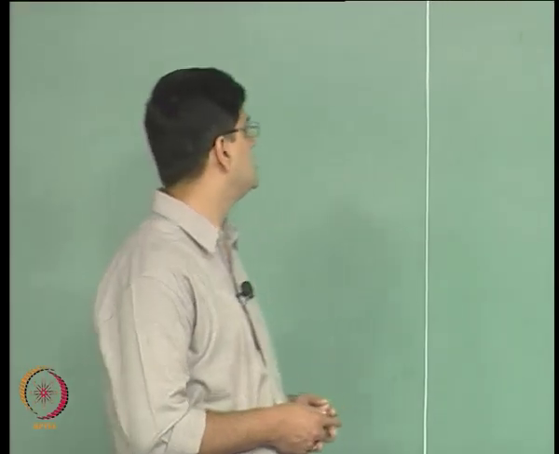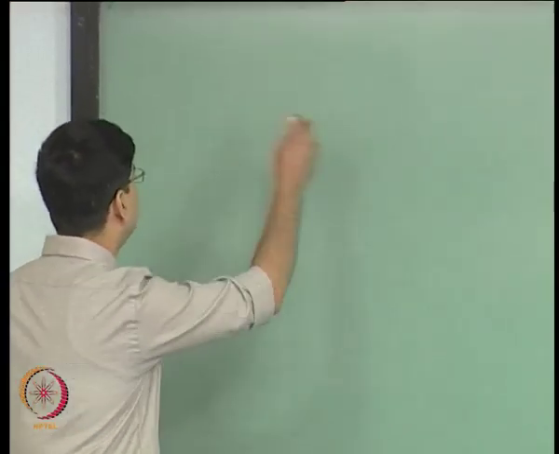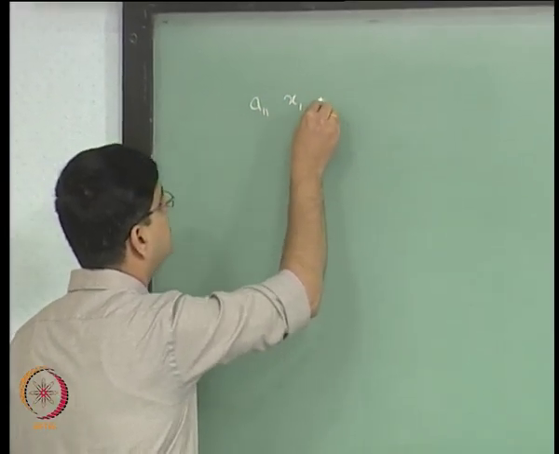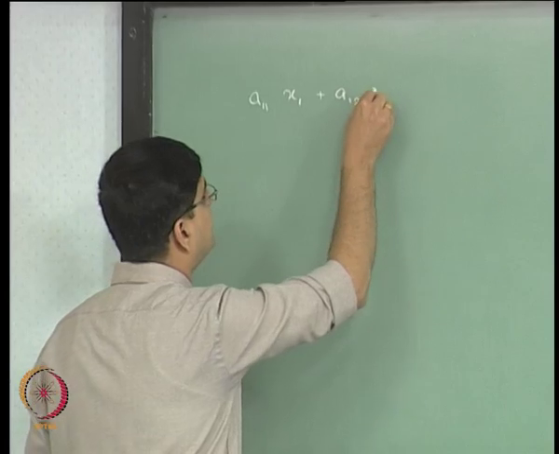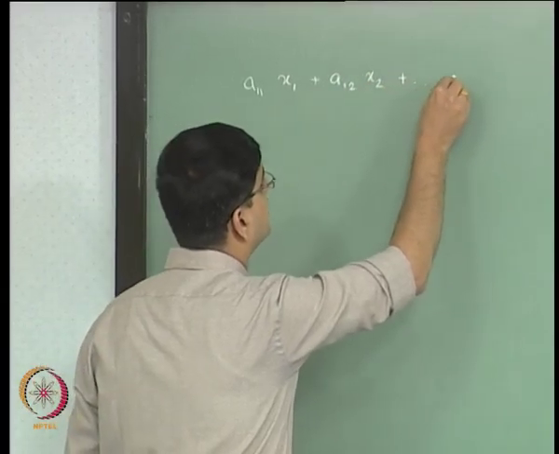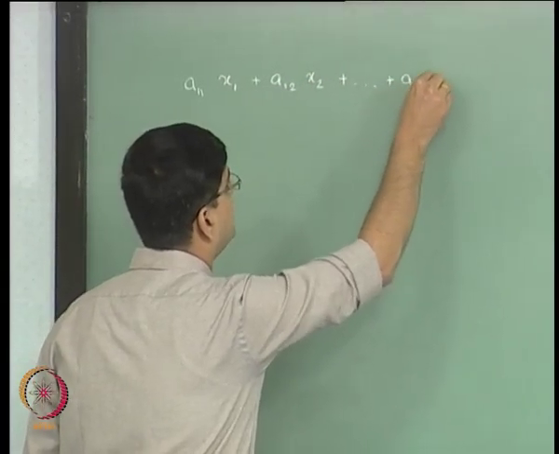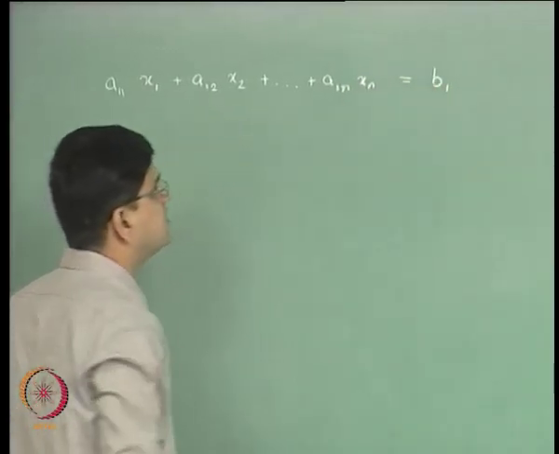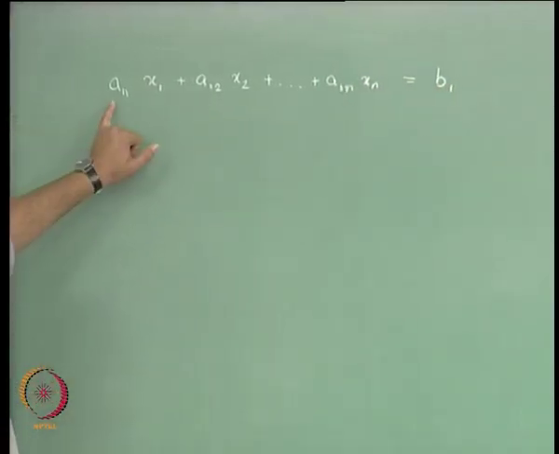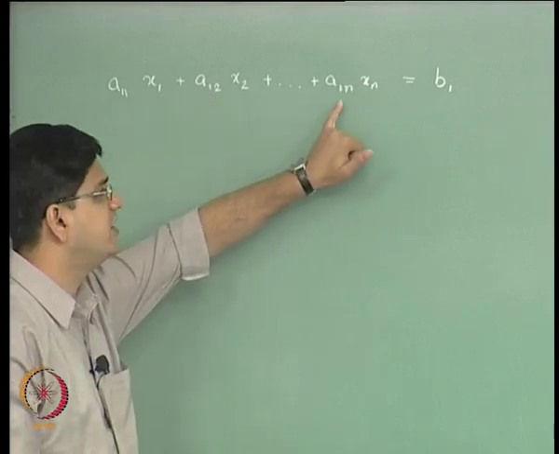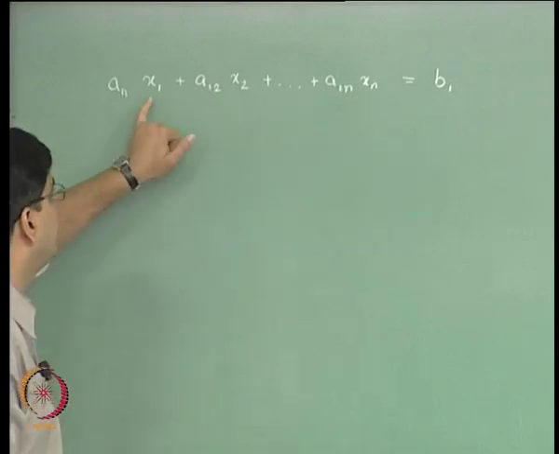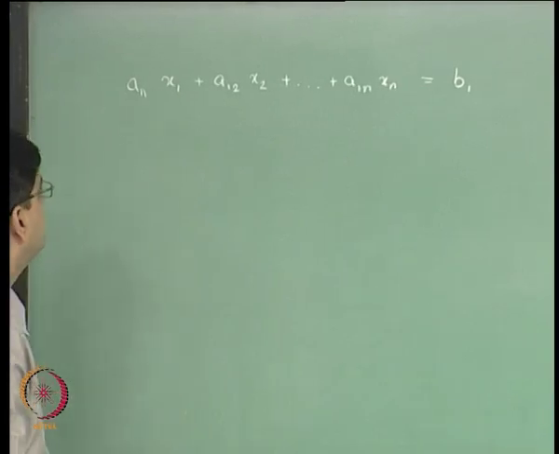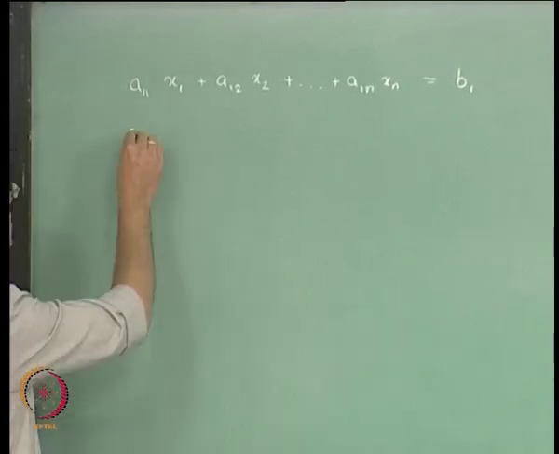A typical equation in that case will be written in the form a11 multiplied by x1 plus a12 multiplied by x2 and so on up to a1n multiplied by xn equal to some right hand side term b1, where a11, a12 up to a1n are the coefficients and x1, x2 up to xn are the variables that we are interested in solving the equation for.